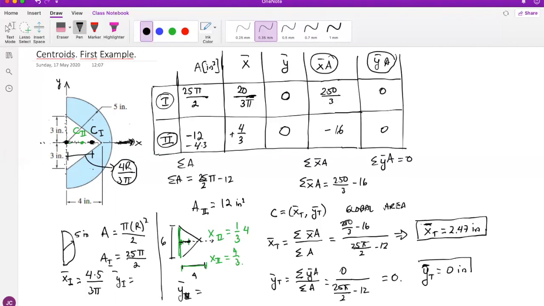I don't know if you see it, but your global centroid for both of these areas is going to be located right on the x-axis. Let me just try to illustrate that for you. This is not important right now. We already solved the whole deal.